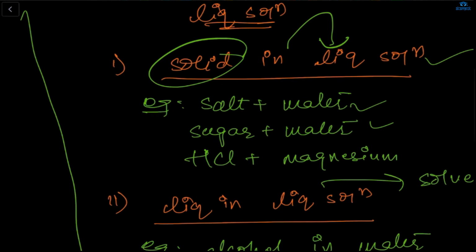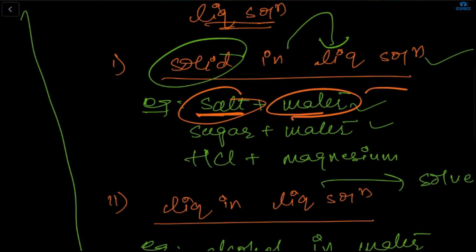Ma'am, but is ice and water wrong? We can say ice in water, but if we dissolve the ice in water, then what will happen? The ice will convert into liquid in just a few seconds. But in salt and water, the salt has a different property and the water has a different property. The ice and the water have the same property, right?